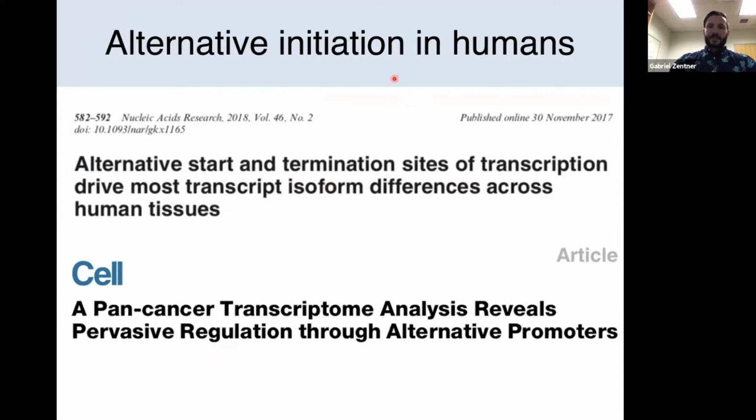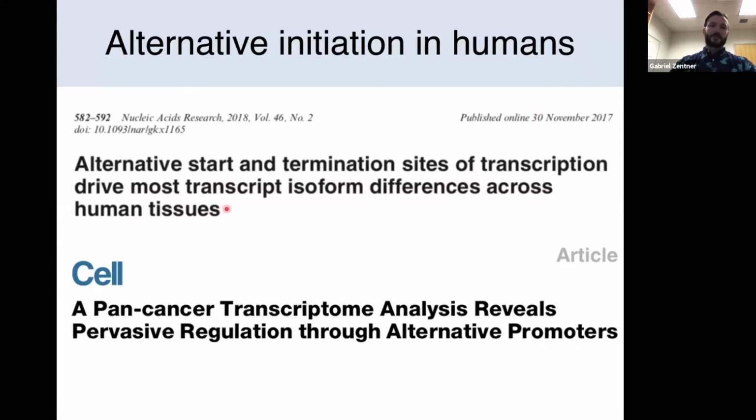So I'll just mention us humans real quick. It's been shown via a large-scale computational analysis that alternative initiation, along with alternative termination, is actually the primary driver of transcript isoform differences in the vast majority of human tissues.